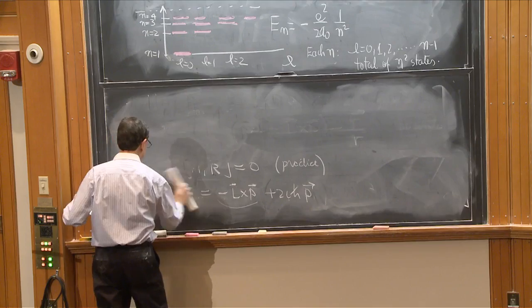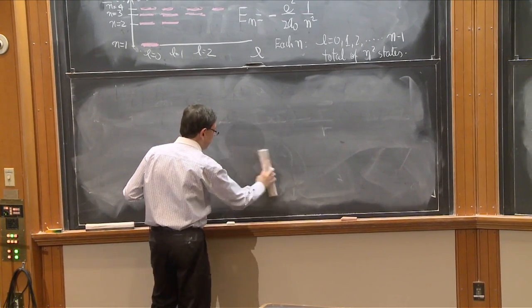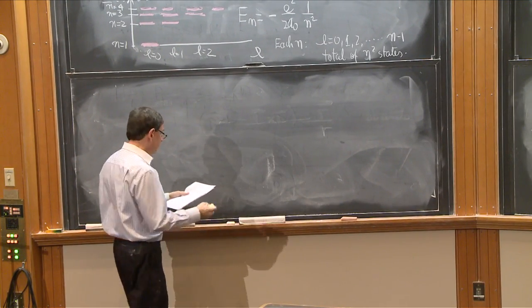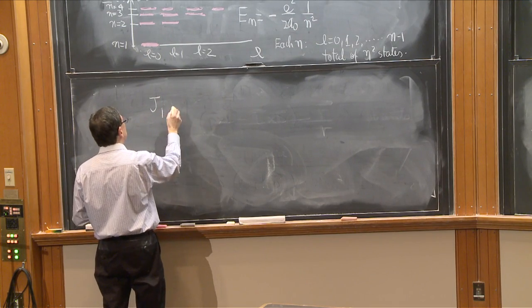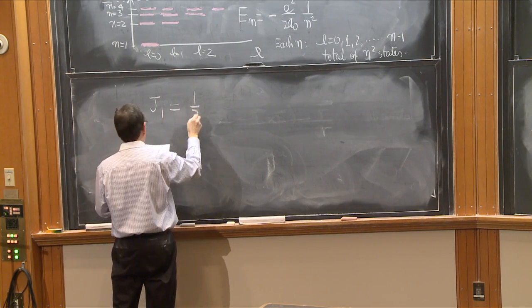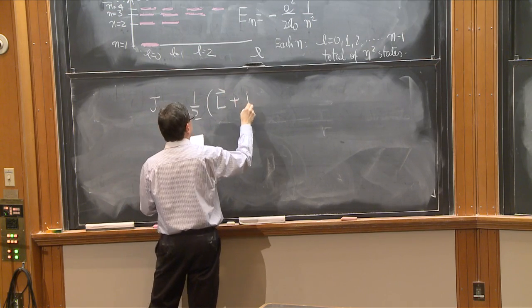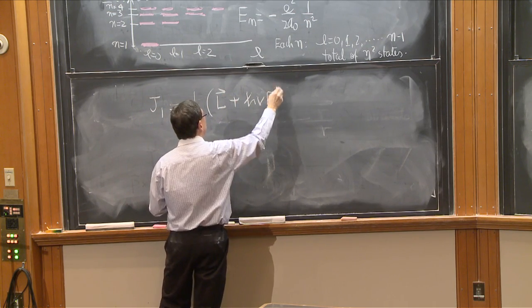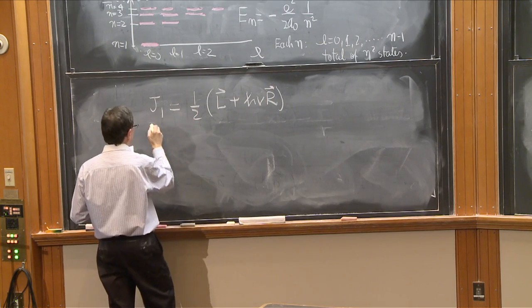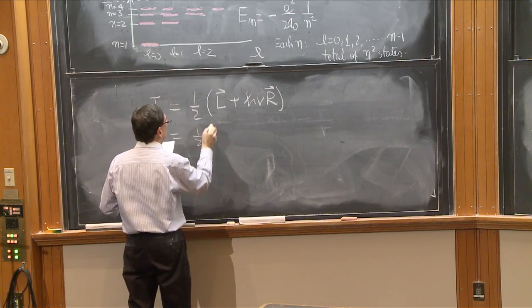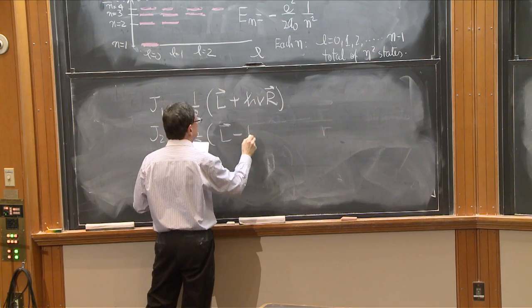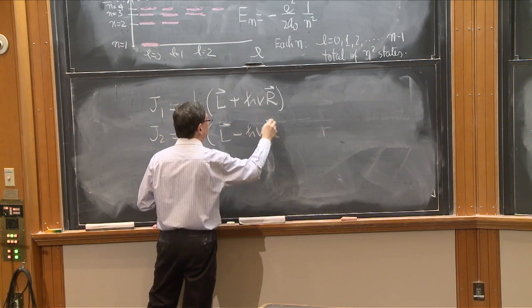So here it comes. Key step. I'm going to define two angular momenta. Well, we hope they are angular momenta. J1 is 1/2 of L plus H nu r. And J2 is 1/2 of L minus H nu r.